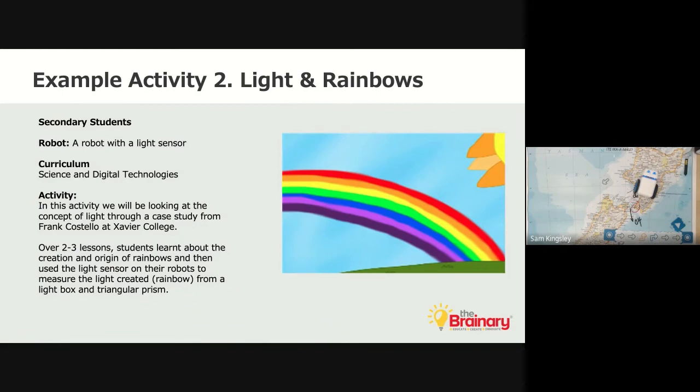So they'll be using light boxes and triangular prisms to actually physically create their rainbows, and then bring in a robot with a light sensor to actually pick up that rainbow that's been created and to give us a data plot, an EMS data plot of that. So we can actually start to bring together a complex idea in a really interesting and engaging way.